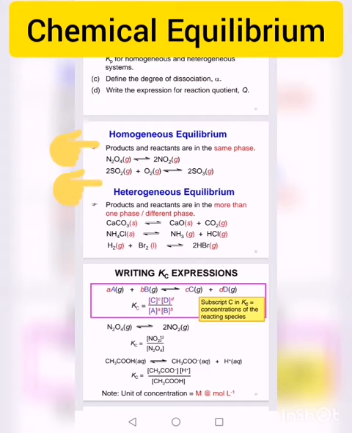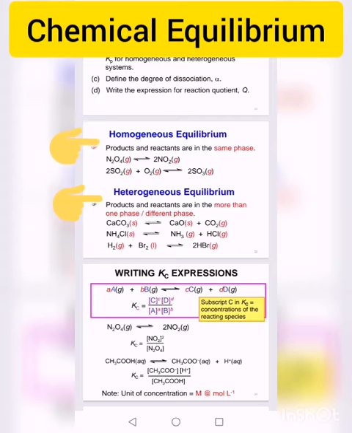Heterogeneous equilibrium means the product and reactant are in more than one phase, or different phases. For the first one, homogeneous equilibrium, take a look at the first equation. N2O4 gas decomposes in a reversible reaction to produce 2NO2. And the same goes for 2SO2 reacting with oxygen to produce 2SO3. We have a reversible reaction also.